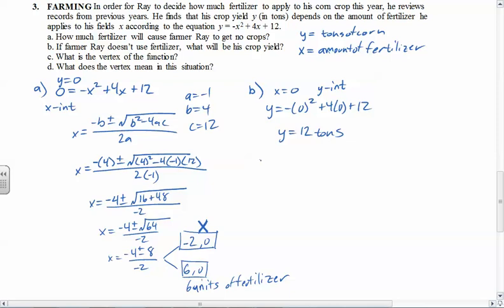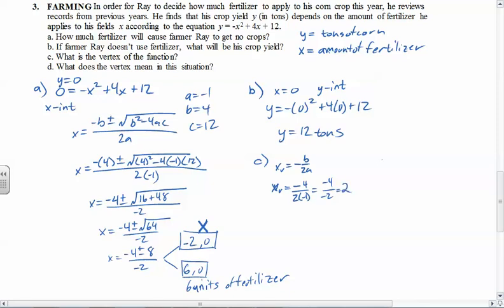Now that's a lot of corn, but letter C now asks us to find the vertex of the function. Now the vertex you could get in a couple of different ways. If you want, you can do x vertex equals negative b over 2a, which means that we would go x vertex equals negative, b was 4 over 2 times negative 1, which would be negative 4 over negative 2, which is 2.